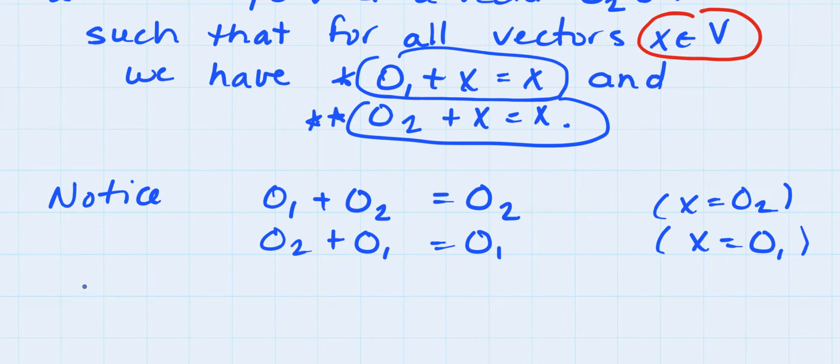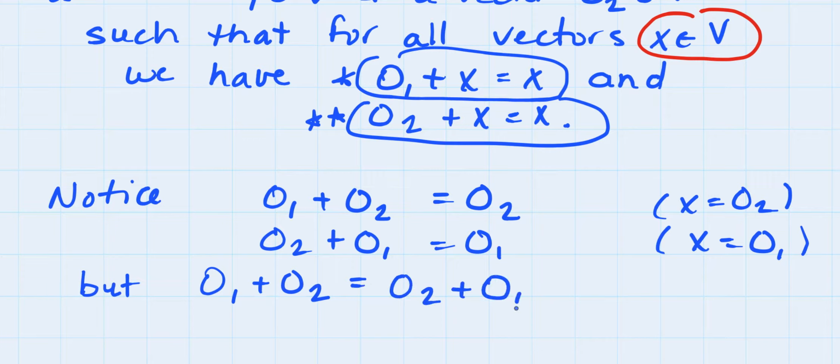But we also know that vector addition is commutative. This is one of the very first properties of a vector space, which tells us 0 sub 2 is equal to 0 sub 1.